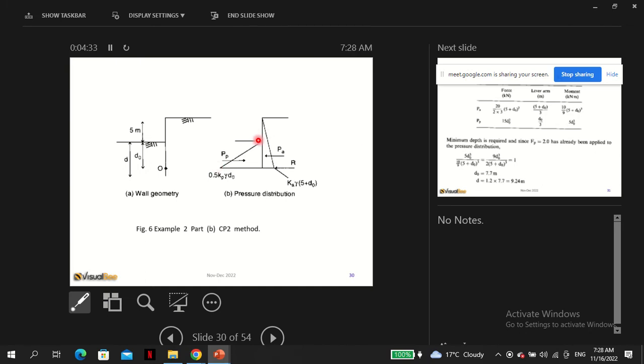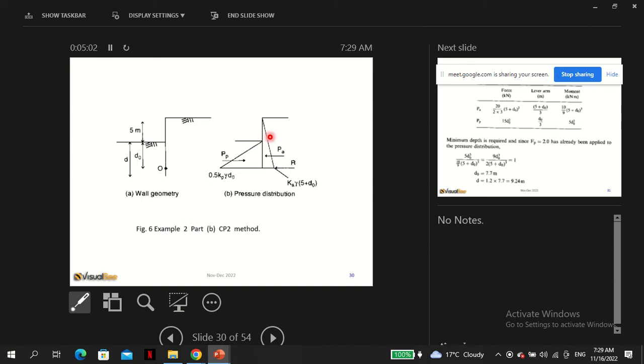This is the force distribution on the passive side, typically Kp times gamma times d naught, but we are supposed to reduce it by half according to the gross pressure method. So this is A. Down here we have K gamma plus 5 d naught, that's okay, but we have to reduce that force by a point load, the passive.